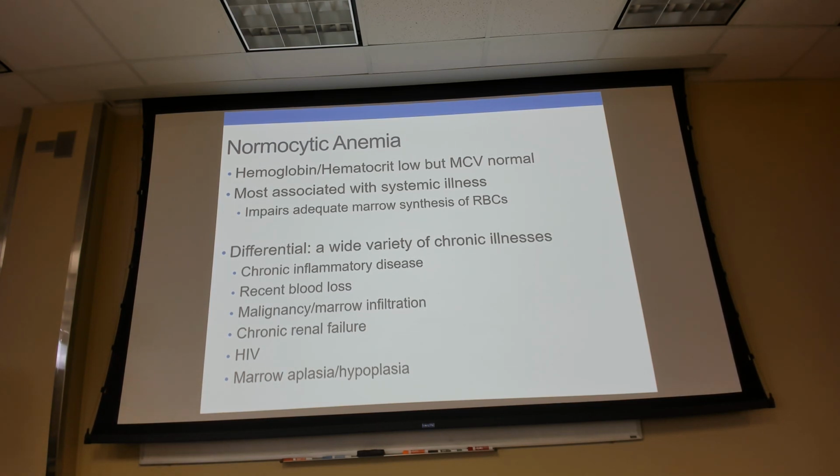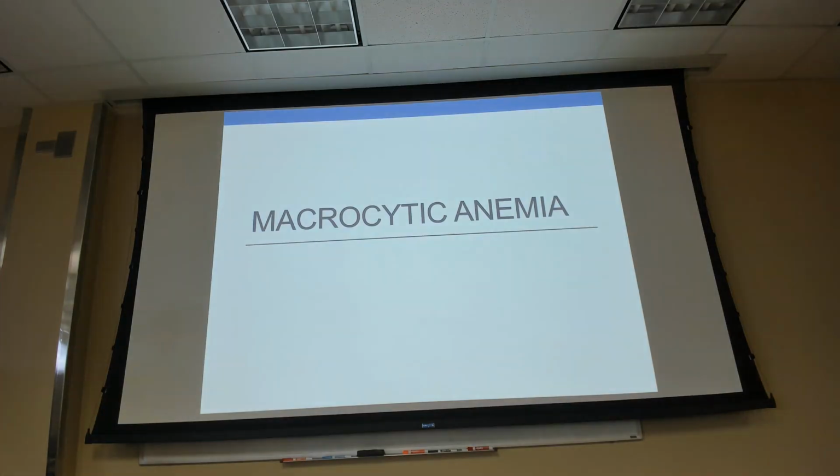So looking for some sort of chronic disease. Is this renal? Is this gut? Is this infectious? Something else at a chronic state is going on. So if you see a normocytic anemia in a child, go looking. Something else in the history, something else on the exam is going on. That's all I'll say about that.